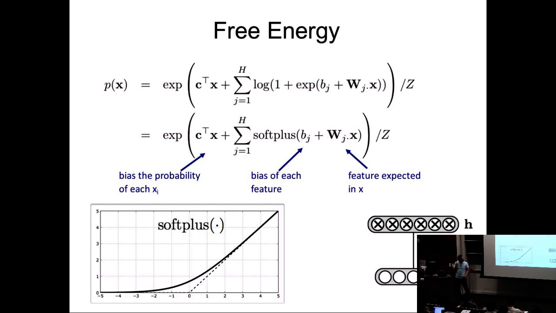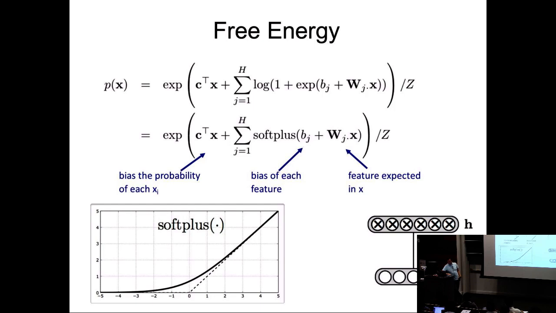But the only problem with softplus is that you have too many logs and exps, which really slows down computation. So that's why in practice people use ReLU, because it's much easier computationally. Softplus is obviously a differentiable function and has the same kind of shape, but the computation is very expensive.